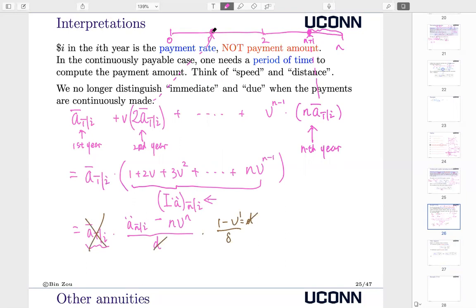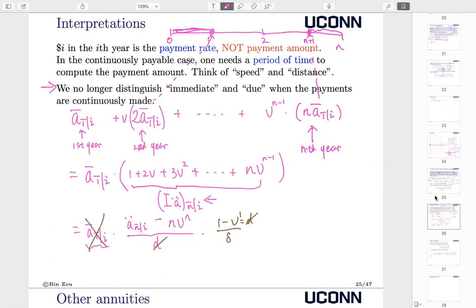But now we have continuous payment, so it's continuously paid from 0 to 1. There's no beginning, there's no end. At any instant second, you will get something. So there's no need to distinguish. That's why I put it here. But of course, there are many more things we can discuss.